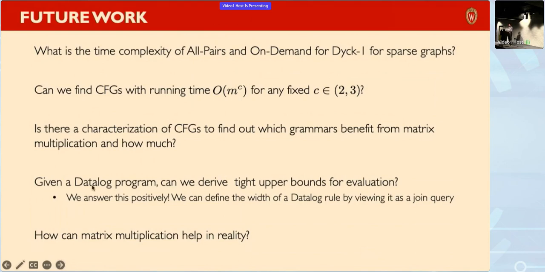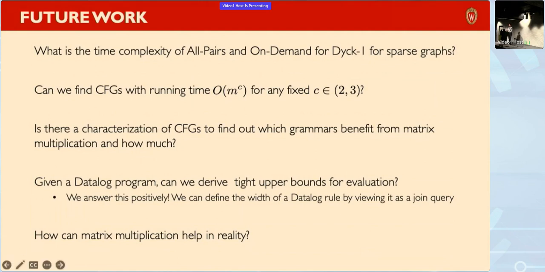One of the goals that we had when we started this project was to look at Datalog programs, and the goal was to find whether we can get tight upper bounds for Datalog evaluation. We answered this question positively, partially. It turns out we can use all of the notions from join processing and query widths in the database community and use them in the Datalog world, because a Datalog query is basically a join query, but you need to do some extra work to find out what the width of these things is.